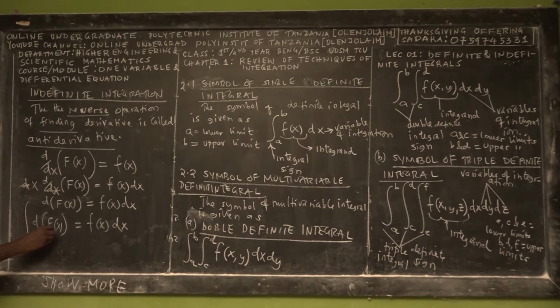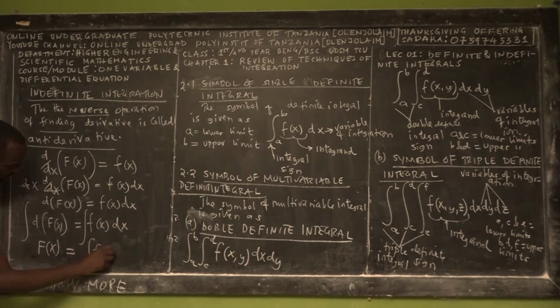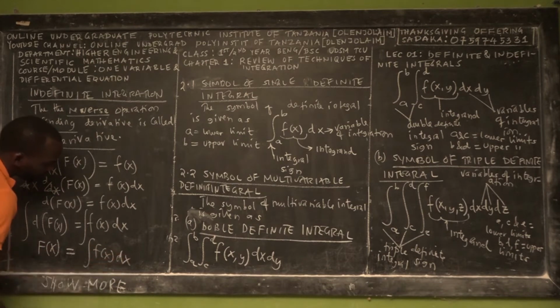So if we integrate on this side, we get the function F of x equal to the integral of f of x dx, but f of x is the derivative.